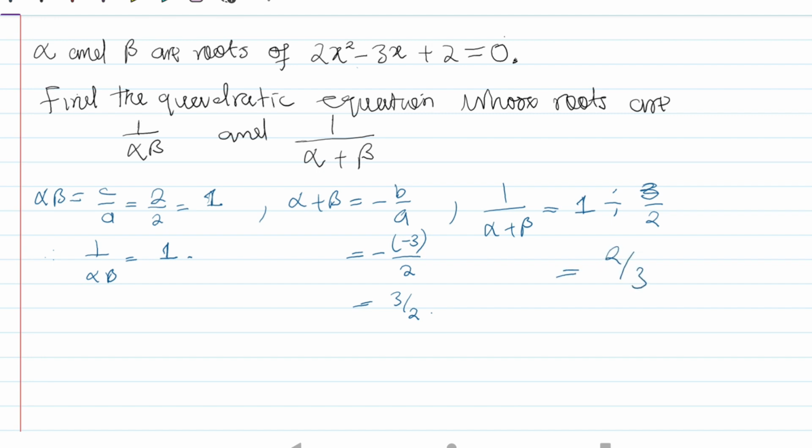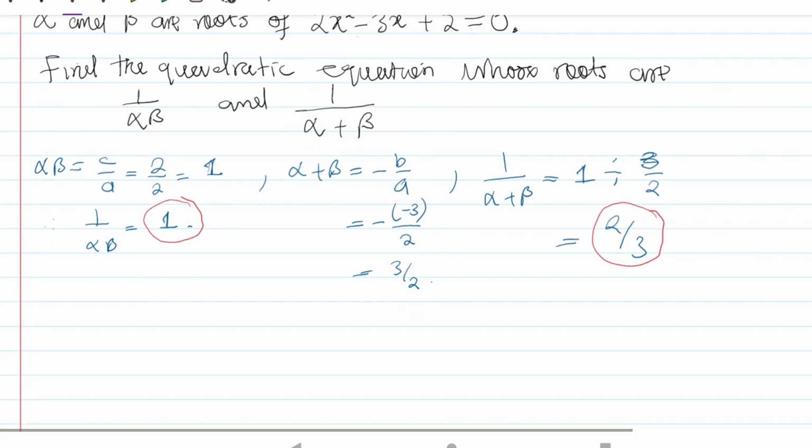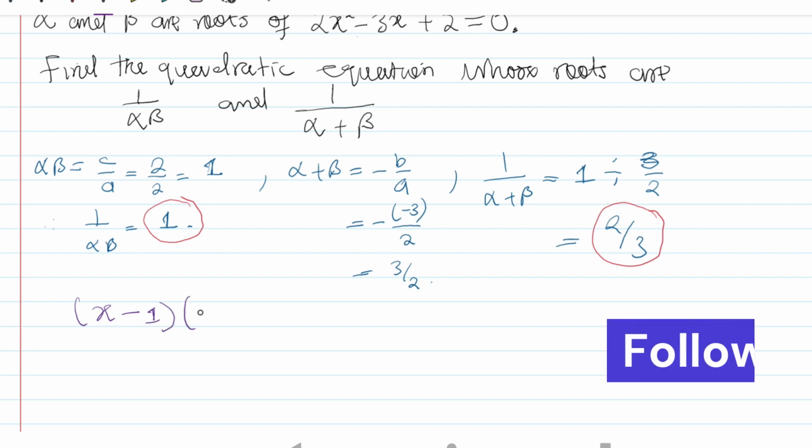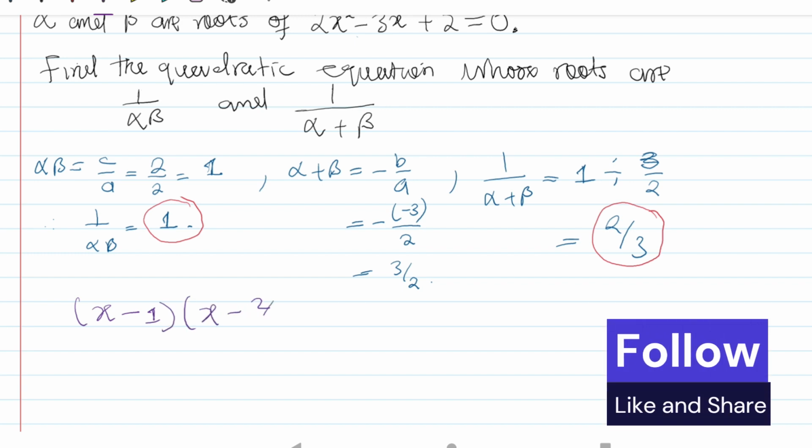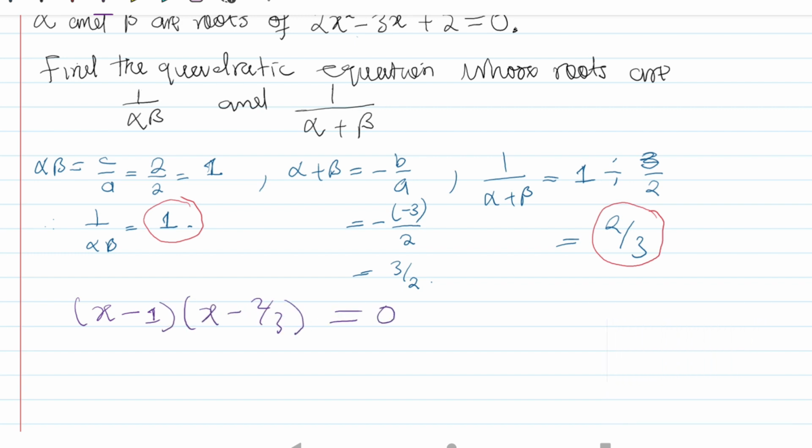So our question now narrows down to finding the quadratic equation whose roots are 1 and 2 over 3. If 1 and 2 over 3 are the roots of a quadratic equation, then we must have (x minus 1)(x minus 2 over 3) equal to 0.